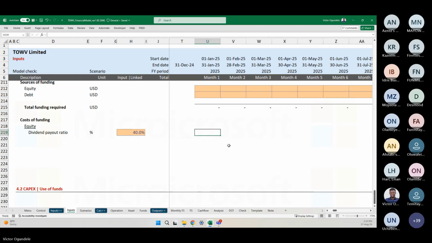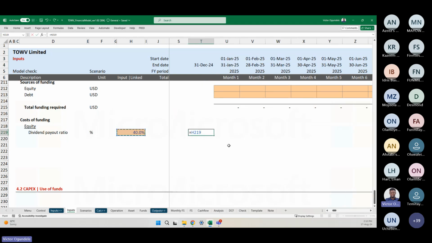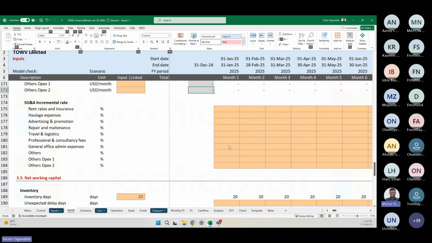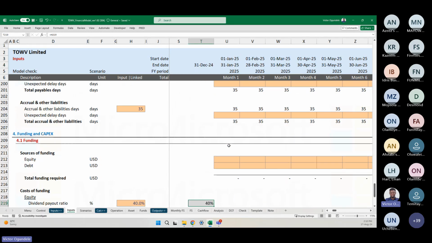So if there are any other terms around covenant terms and the whole thing, which also flow into the cash flow, I also discuss that. So just type equal to, link this 40% to the base period. Okay, you know how we used to format anything we are linking to the base.